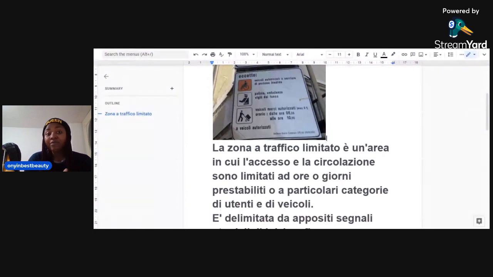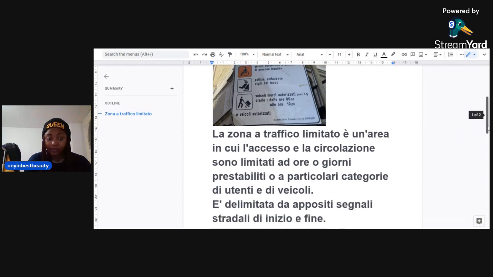They set the days in advance that on these particular days, this place will be limited for some type of vehicles, for some particular users of the road, or a particular category of users or vehicles. Do you understand? This place is limited for some particular users, for some particular days and hours. Sometimes it is preset ahead.